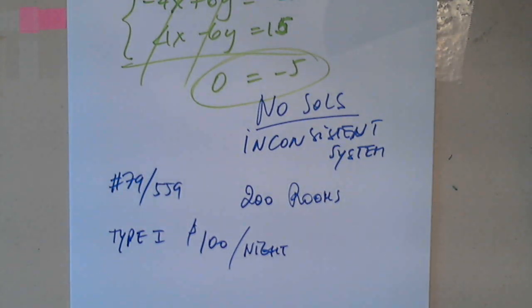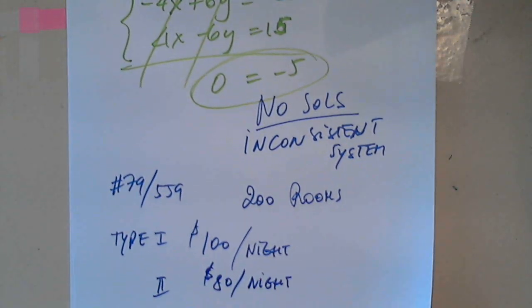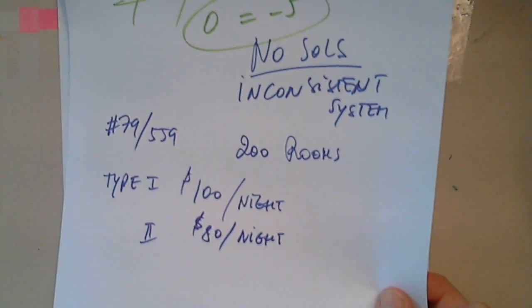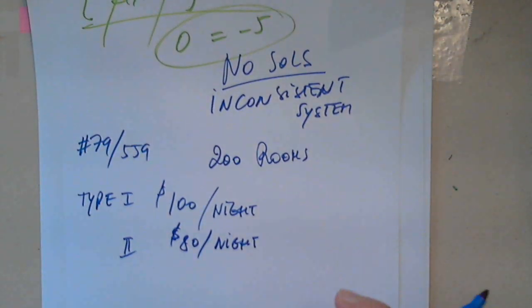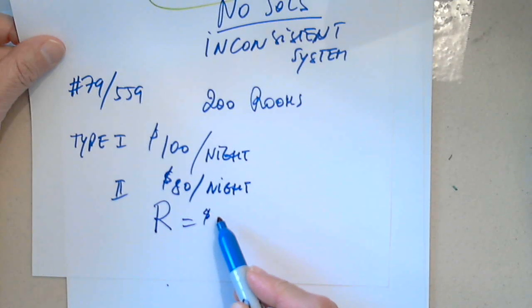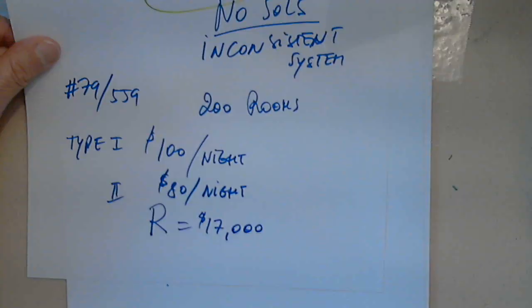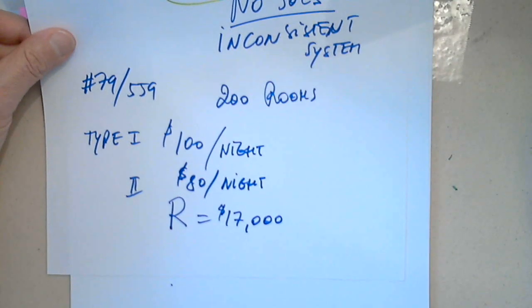And those without kitchen facilities rent for $80 a night. So this is type 2, $80 per night. On a night when the hotel was completely occupied, revenue was $17,000. How many of each type of rooms does the hotel have?